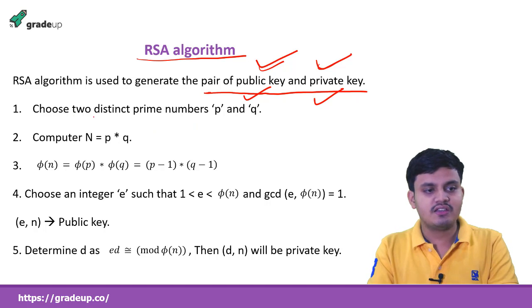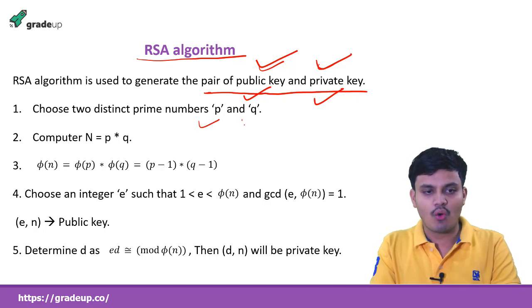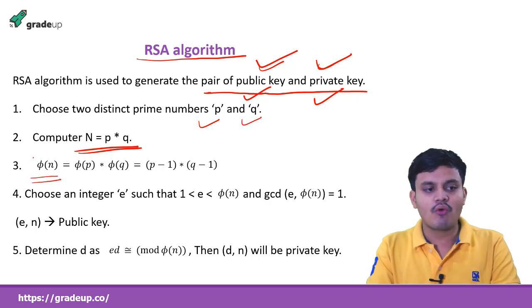Now see this. In the RSA algorithm, first we need to choose two numbers, p and q, and then compute n, which is the multiplication of p and q. After that we need to calculate phi of n.